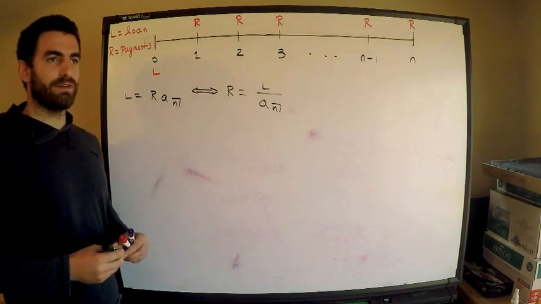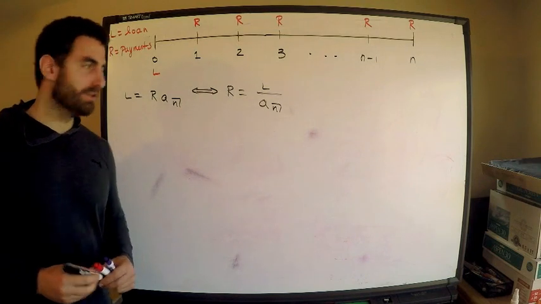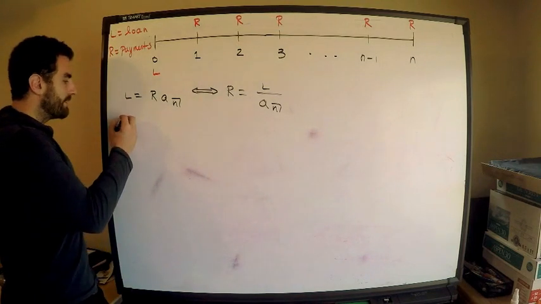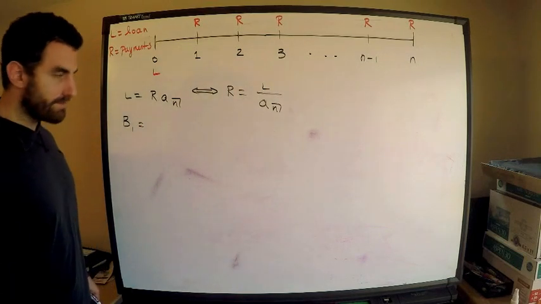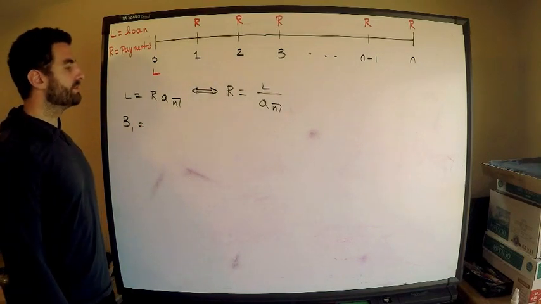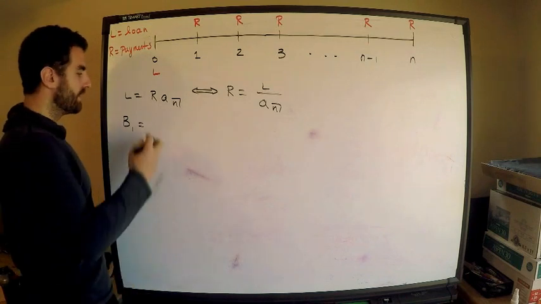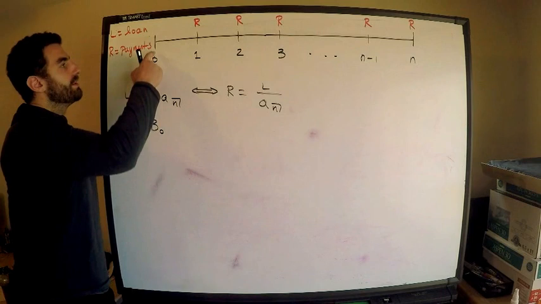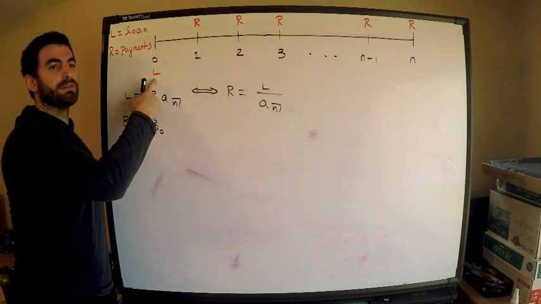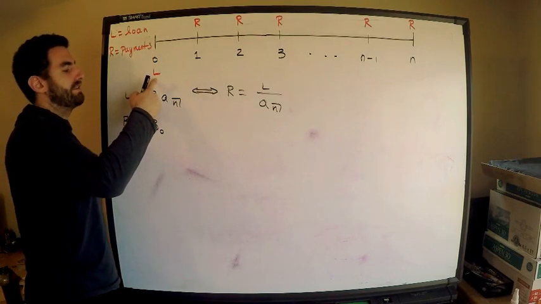First thing I want to do is find out what is the balance in year one. The balance in year one is equal to, if you think about this, the balance in year zero, in other words, the loan, because I haven't paid anything, so that's the balance in year zero.